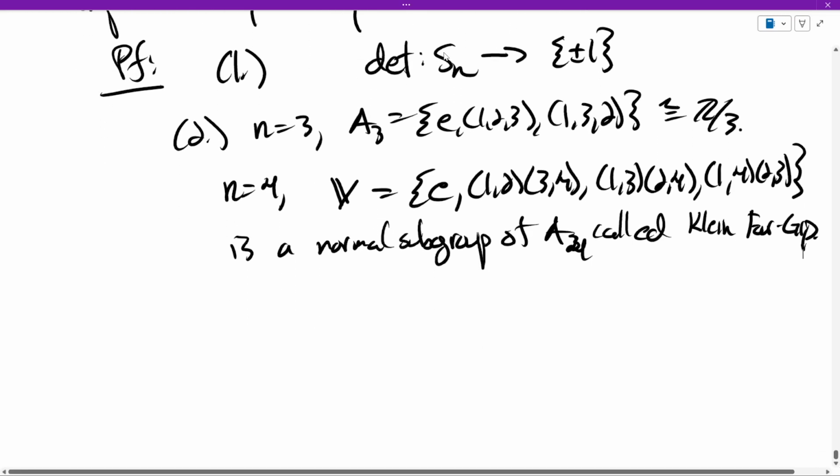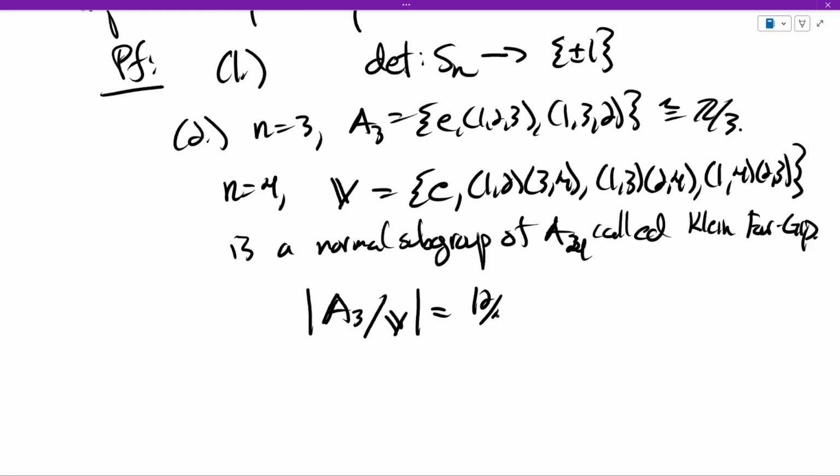And abstractly, it's just Z2 cross Z2. But nevertheless, it's a normal subgroup, and the cardinality of A4 over V is 12 over 4, which is 3. And so we can quotient out by V to get a group of order 3. All groups of order 3 are cyclic. Okay, so there's our quotient.